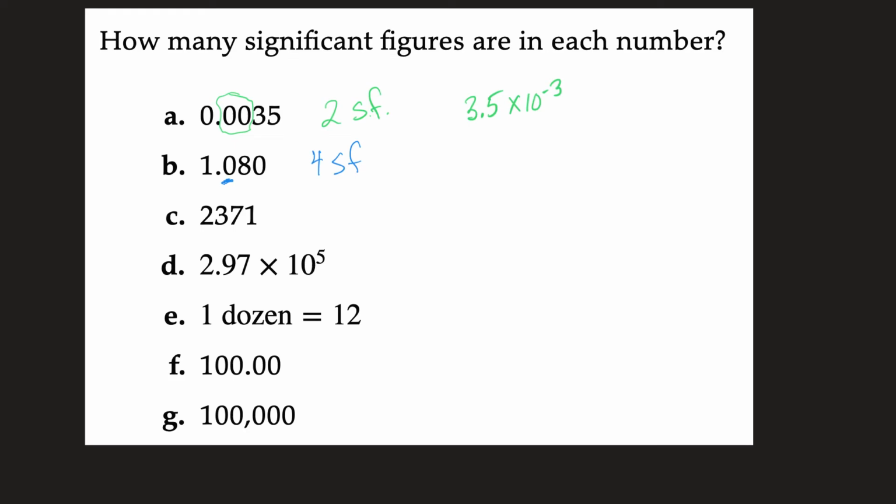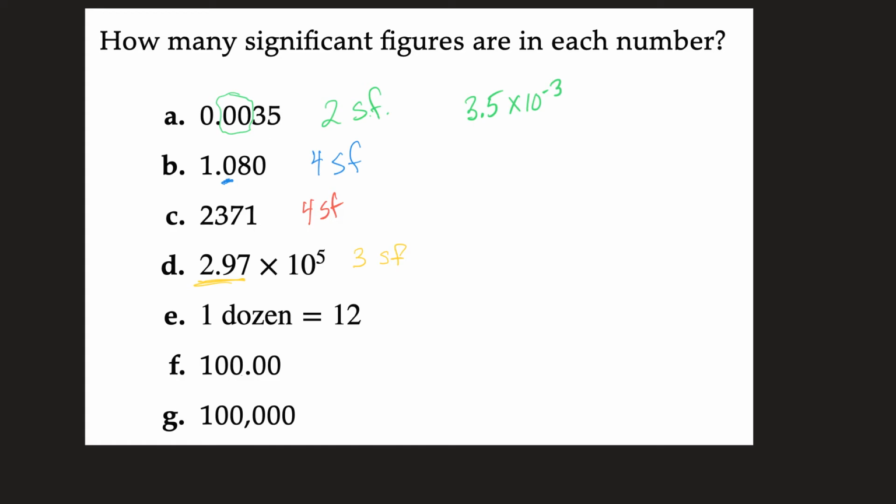And then C, 4 significant figures. All non-zero digits are significant. D, all digits in scientific notation are significant. So that should be 3. I'm going to skip over E for a minute. I'll come back to it.